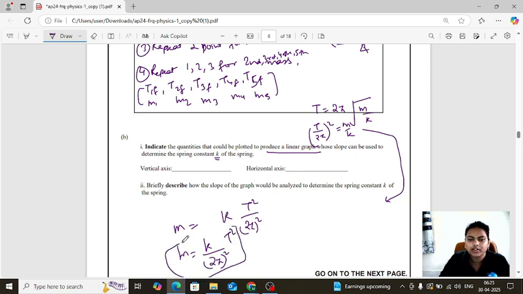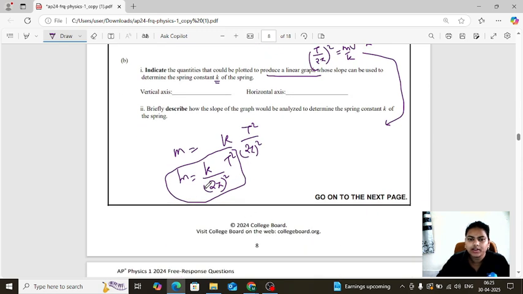This is your line equation. Now the line equation is y equals mx plus c. Since c is 0, this is the y-intercept. This is y, this is the slope, and this is your x-axis.